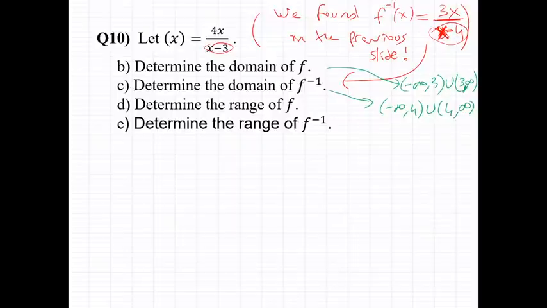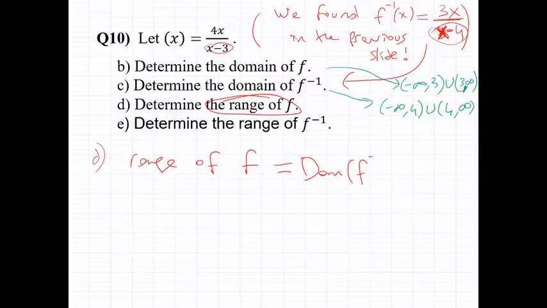But here, to find the range of f, we use a shortcut. Range of f is equal to domain of f inverse. And we have it here. We can directly say it's minus infinity to 4, and then union 4 to infinity.